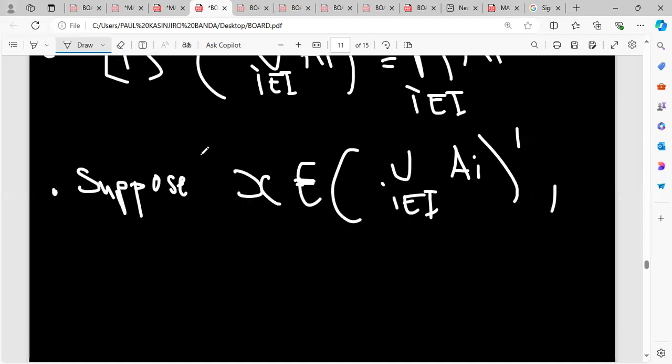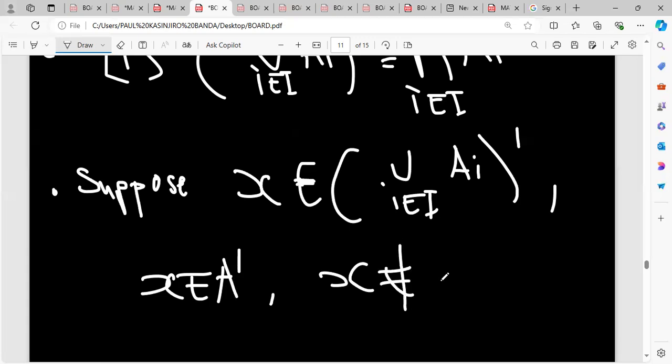Meaning to say, if x is a member of A complement, then x should not be a member of A. We know this theorem, right? So this is the same theorem that we are going to use. So let's use it.